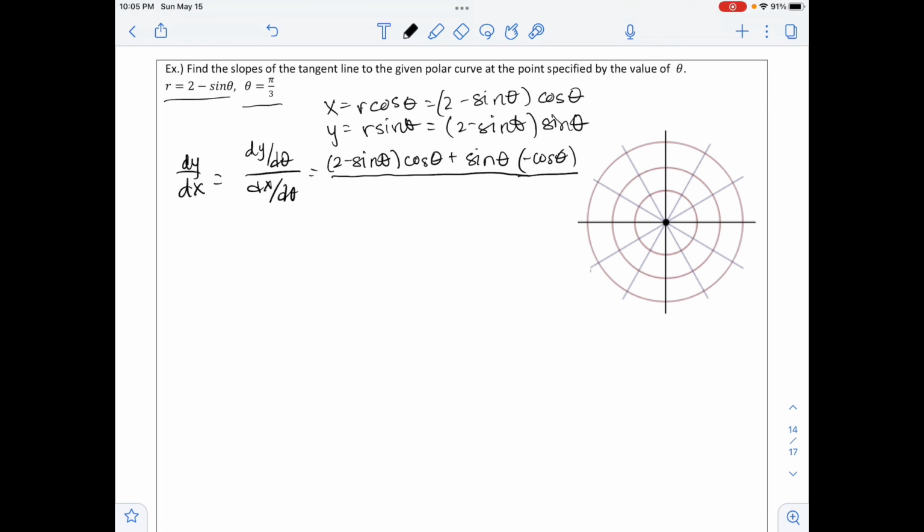over, and then the derivative of x with respect to theta is going to be our first term, 2 minus sine theta, times the derivative of cosine, which is negative sine theta, and put the negative out in front, plus the second term, cosine of theta, times the derivative of the second, which is negative cosine of theta.